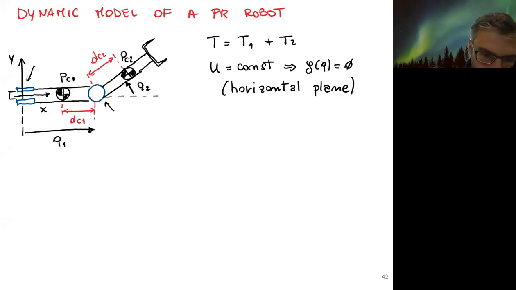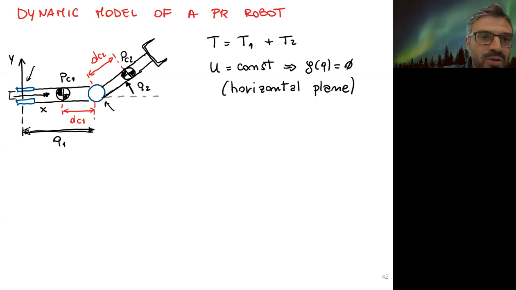Now we need to compute. We have two joints. One is moving linearly along this x-axis. Here we are not using our usual convention, just for convenience, because you will see it's becoming much easier this way. So the joint is not along the z-axis, but along the x-axis.